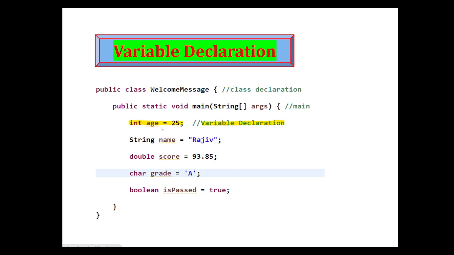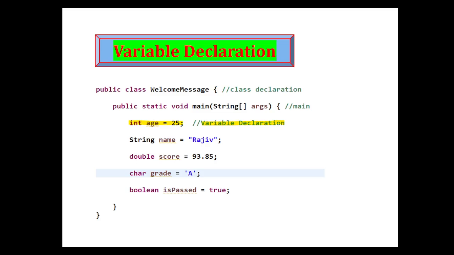For example, we have declared integer, string, double, character, and boolean. There are many other data types, but more or less we can declare in similar fashion. Now these variables we can declare at the class level, or they can be a part of a static method, or we can declare them inside some private or instance methods as well.